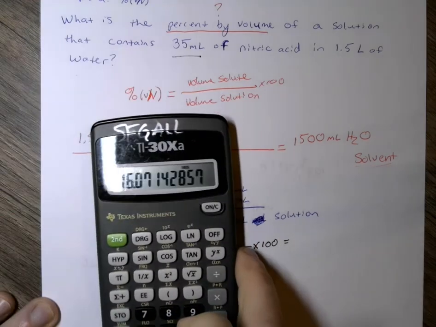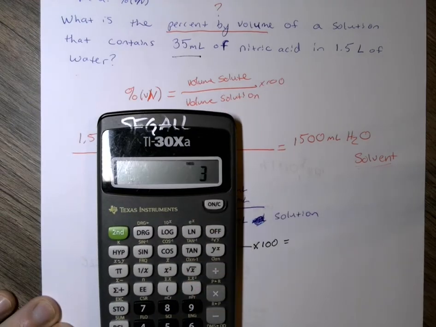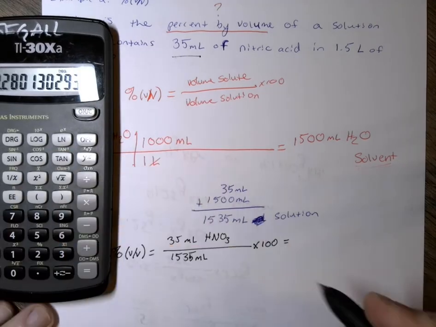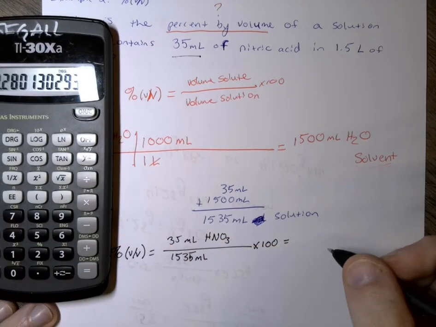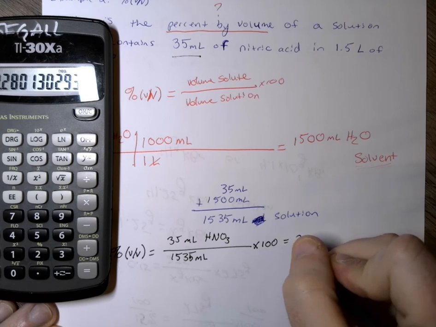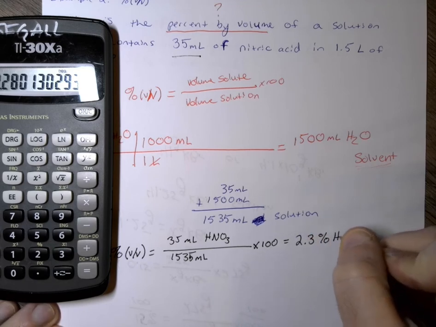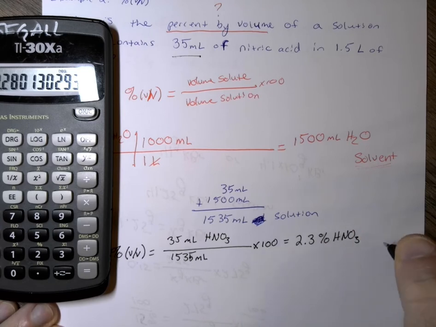So, get that handy calculator out, 35 divided by 1,535. Then I'm going to multiply by 100 to move the decimal over, and it gives me 2.28, or in this case, to 2 significant figures, so 2.3% HNO3.